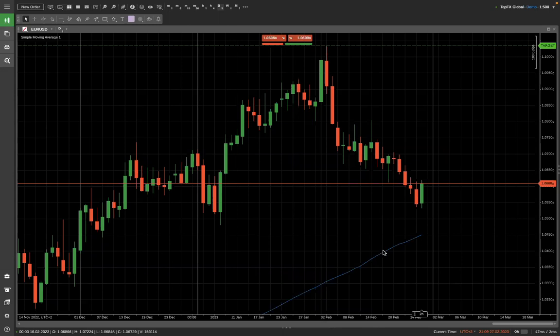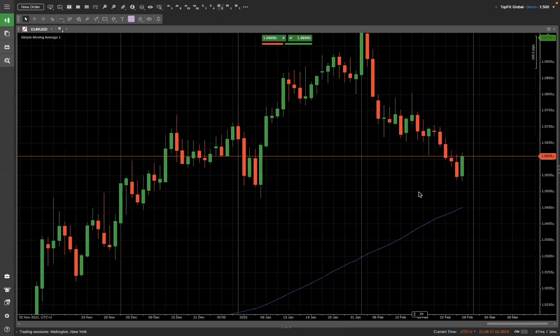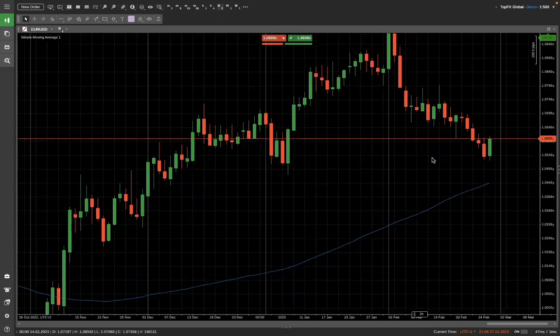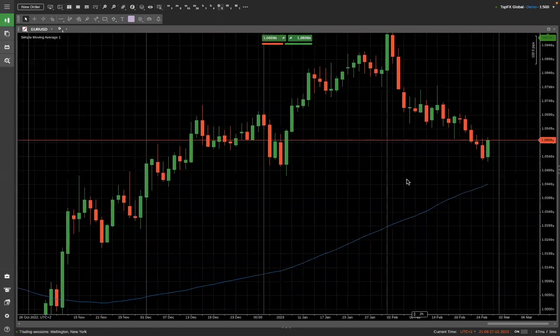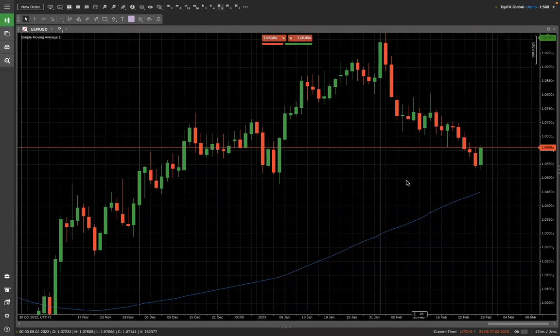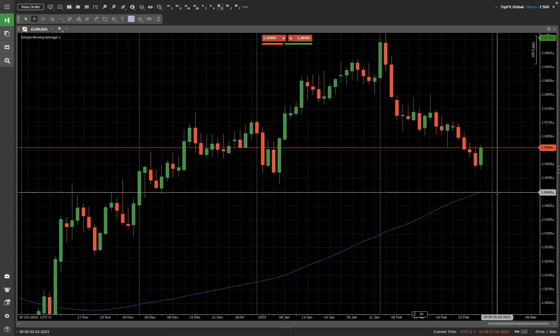So the blue trend line, as you can see, is the 100 days moving average. According to the definition, if the price trades above the moving average, it means buyers are controlling the price. So in our situation, buyers are controlling the price unless the price goes towards the level of roughly 1.0448.